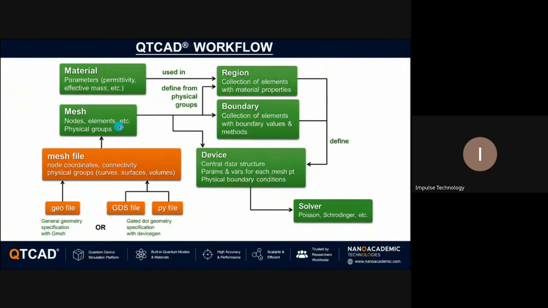After that, we assign the boundary conditions, like ohmic boundary, Dirichlet boundary condition, and different types of boundary conditions. We also assign the regions and materials, like source, drain, and gate oxide. Once we assign the materials, we define the device structure, where we define the parameters for the source, channel, and drain regions. Once we apply the solver, we get the result.